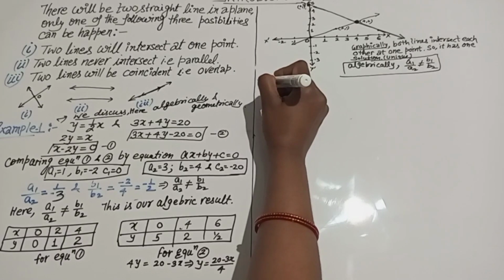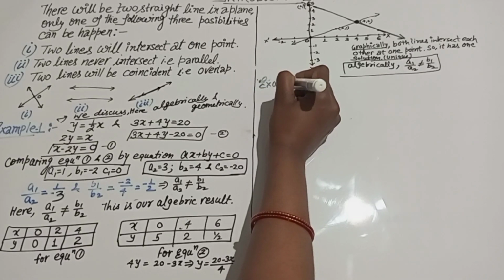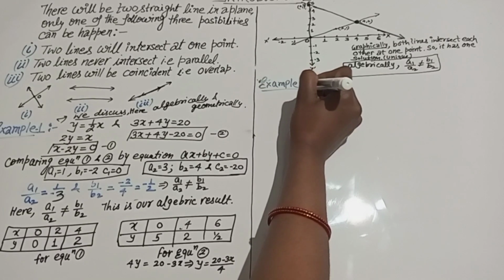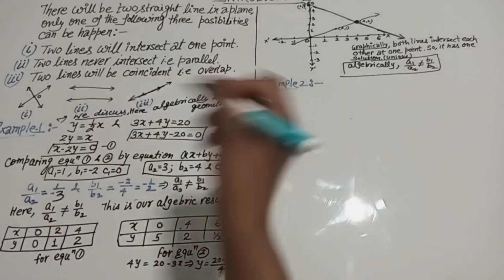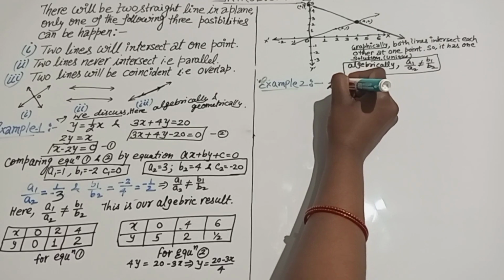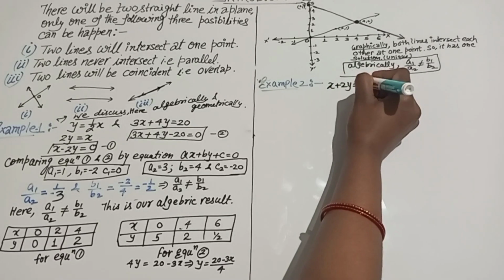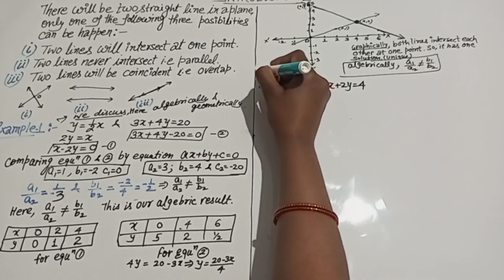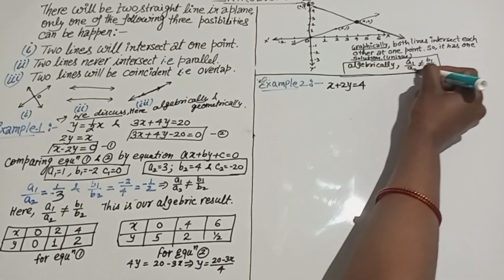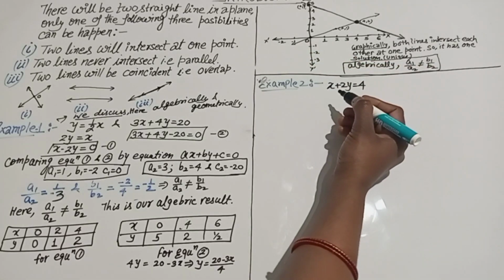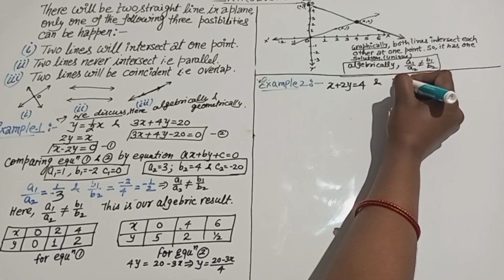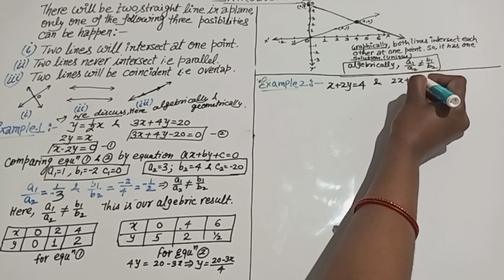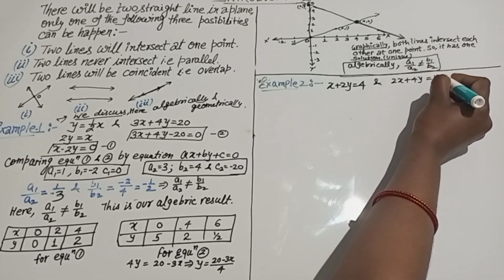Example 2. So I will take example number 2. What we have here is x plus 2y is equal to 4 and 2x plus 4y is equal to 12.